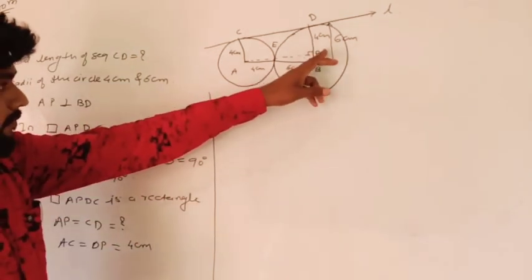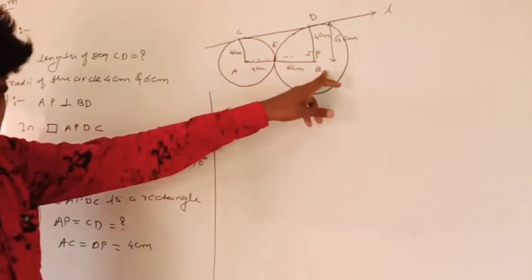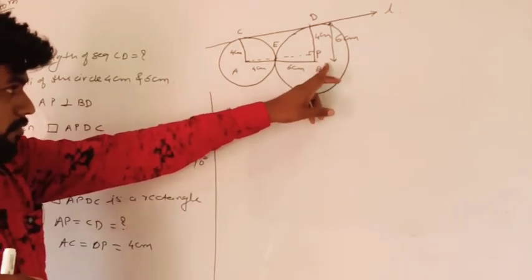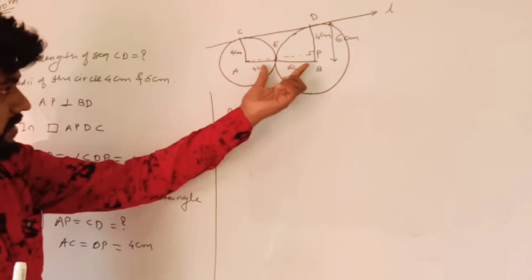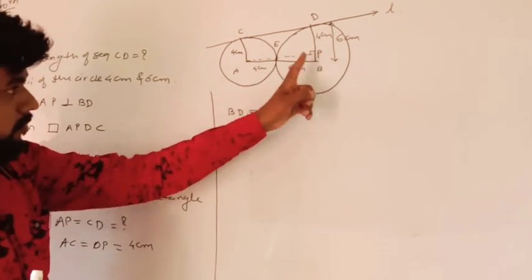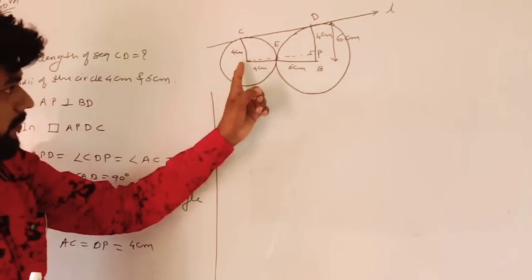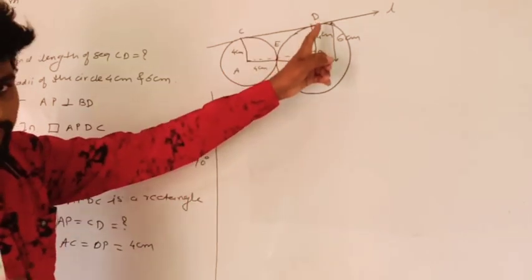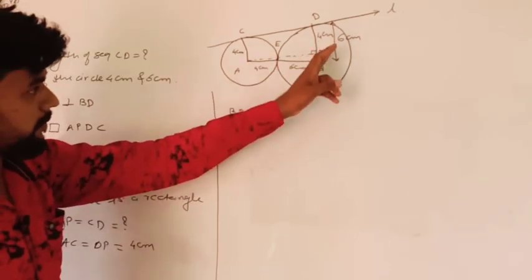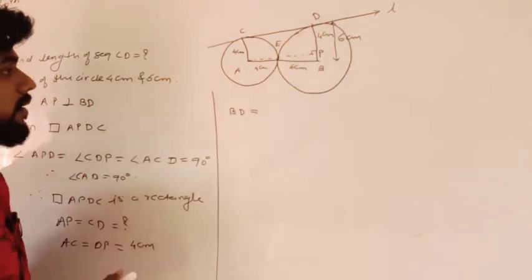Because if we have PB, as I told you at the start, then using the Pythagoras theorem we can find AP, and if we get AP, then we compare with AP is equal to CD by using rectangle properties. So that's why we have to find PB. But how to find PB?